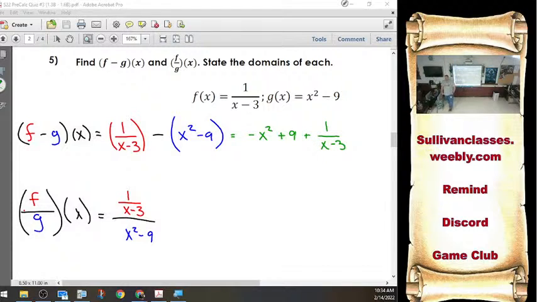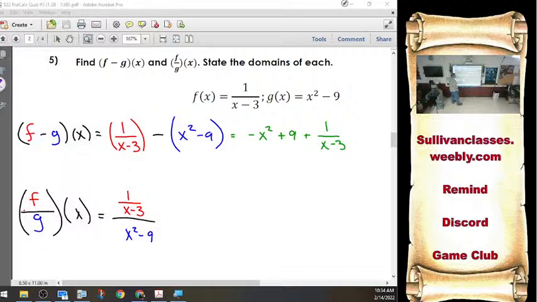Y'all remember doing long and synthetic division? Didn't you always put the remainder at the end like that? Okay. So I'm cool with you leaving it like this because that is the partial fraction decomposition of it. We'll actually do decompositions in chapter 6.